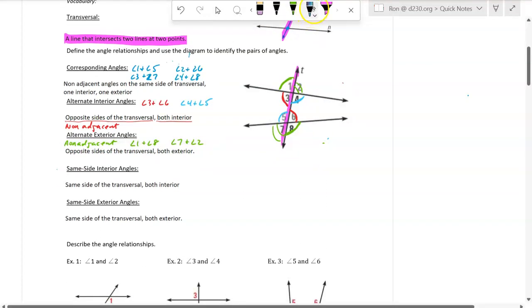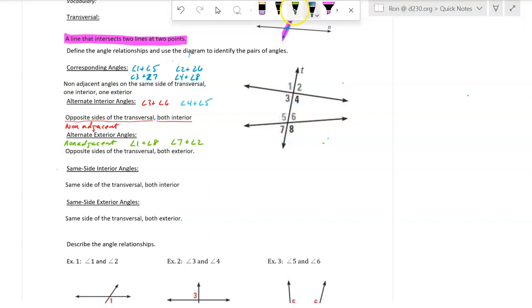Same side interior. When we define these, they are angles that are on the same side of the transversal and they're both interior. If this is my transversal, understand that both are interior.